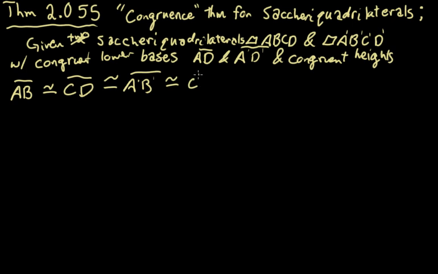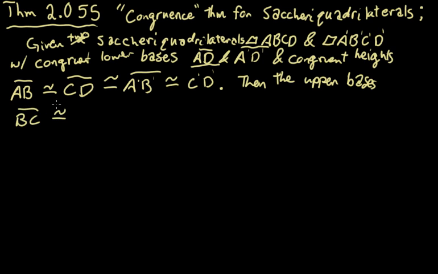That way we can have it all in one expression. Then the upper bases, BC. So the upper bases are congruent. So BC is congruent to B prime C prime.